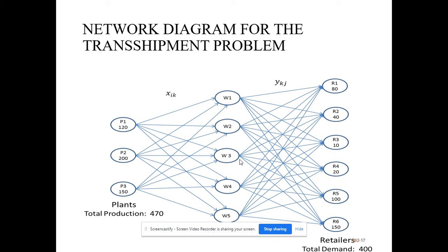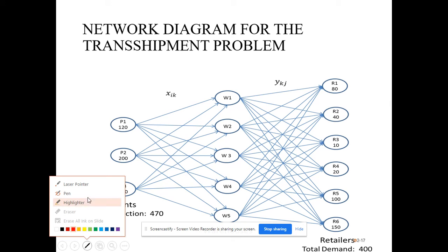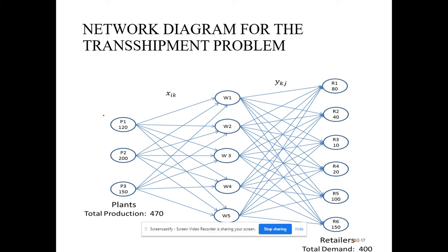Now sometimes we have shipment, and sometimes we have transshipment, where there is an intermediate stage. For example, there are three production plants.